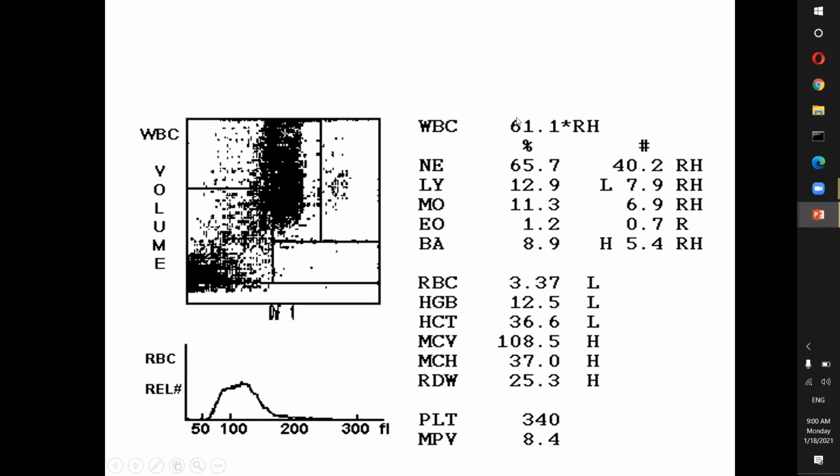Elderly, otherwise healthy, diagnosed incidentally with high white BC count. The Hb is normal, 12.5, and the platelet is normal, 340. The only abnormality here is isolated high white BC count.